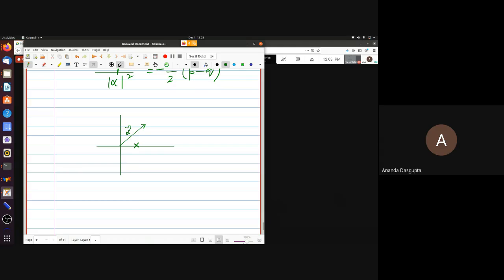Then I should be able to shift it parallel to this some number of times, maybe thrice along this, 4 times along this. If it's 3 and 4, then minus half times their difference will be the value of alpha dot mu by alpha mod square for this. Okay.